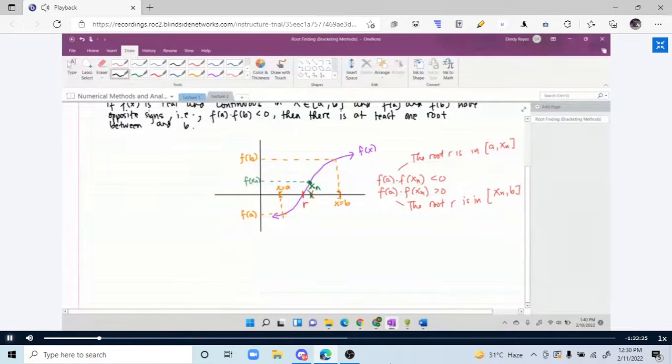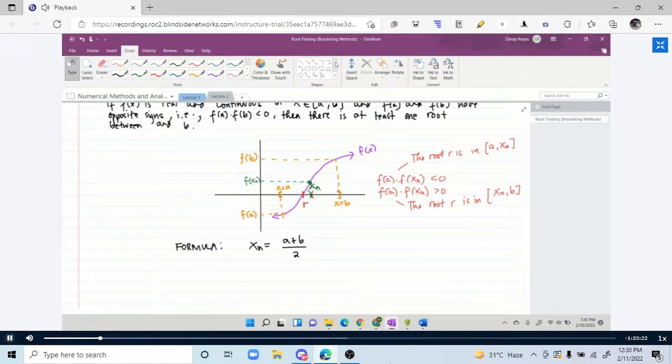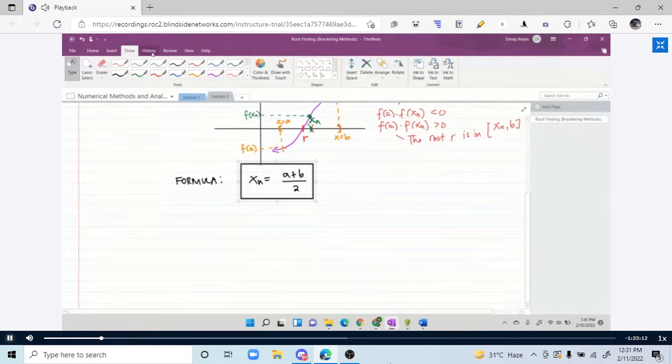So the midpoint formula is what we are going to use for x sub n: x sub n equals a plus b over 2. Simple lang yung formula natin. Okay, so this will be our procedure.